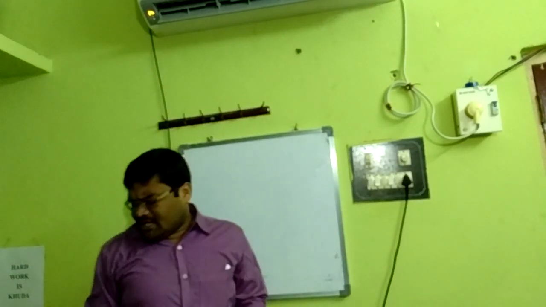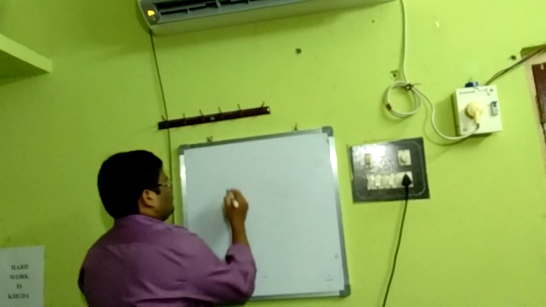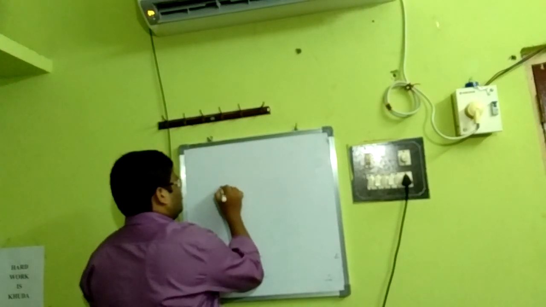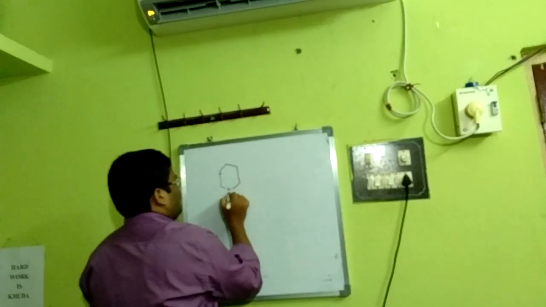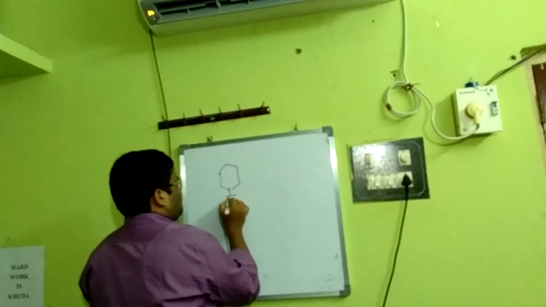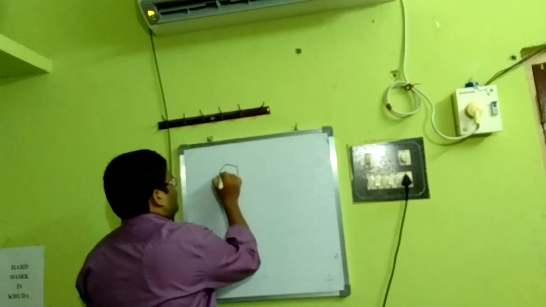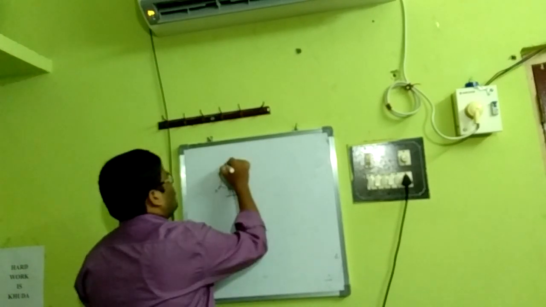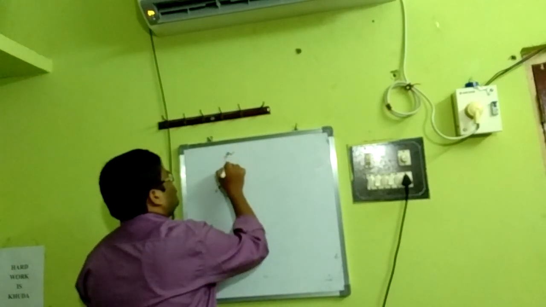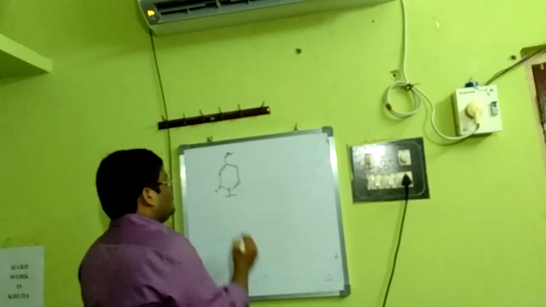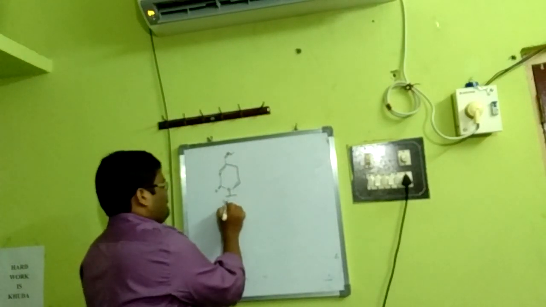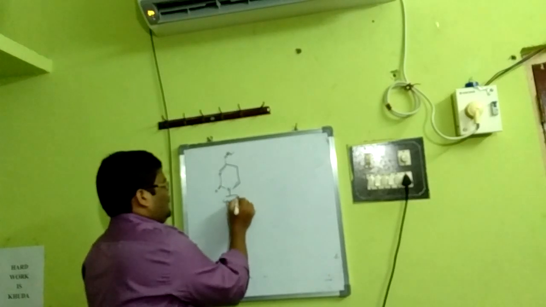Say this is the normal cytosine, 2-oxy-4-amino pyrimidine. This is a normal cytosine, and this is DNA.